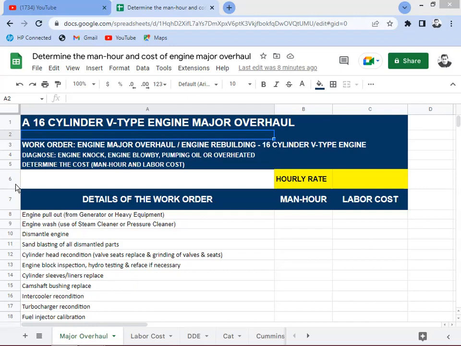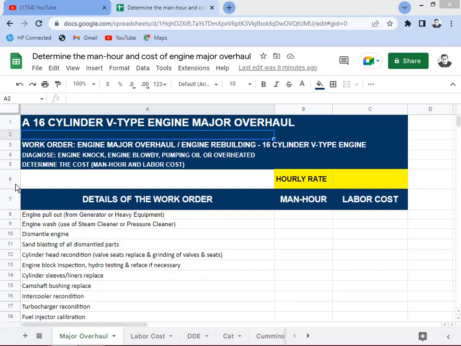When the engine is overheated, usually the cylinder head is damaged and cracked, or the piston is burned, or the valves are also burned, so they also need to be overhauled.